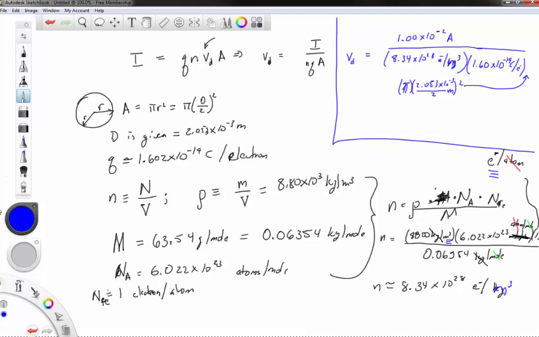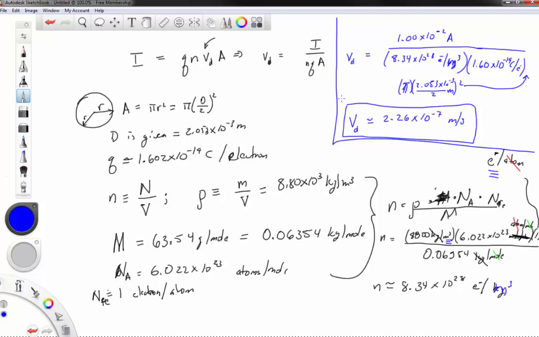So throw all of that into our calculator, and what we're going to end up with is, by the time all is said and done, we end up getting a drift speed of about 2.26 times 10 to the minus 7 meters per second, which is very lethargically slow if you think about it.